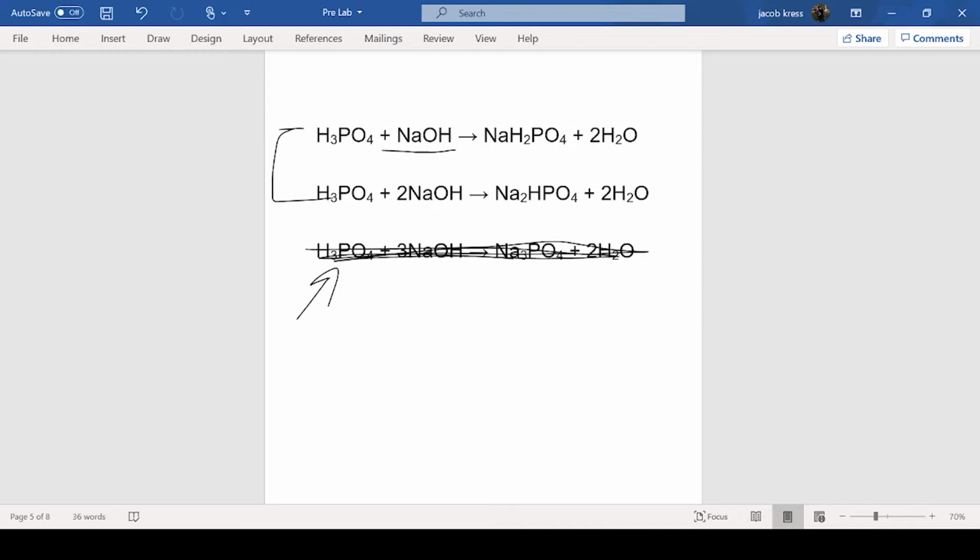So if it's at the first endpoint, my molar ratio between the acid and the base is going to be 1:1. You guys can see if I'm getting that second proton off, the molar ratio goes from 1:1 to 2:1. So it's going to take twice as much base to get that second proton off as it does that first proton. So that's how you can tell which indicator is going to represent which endpoint.